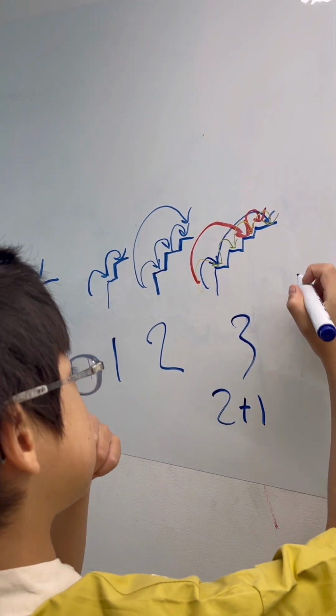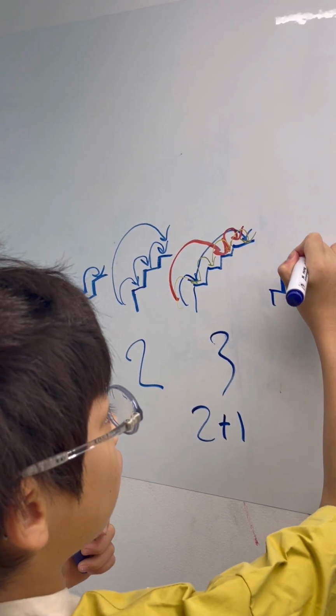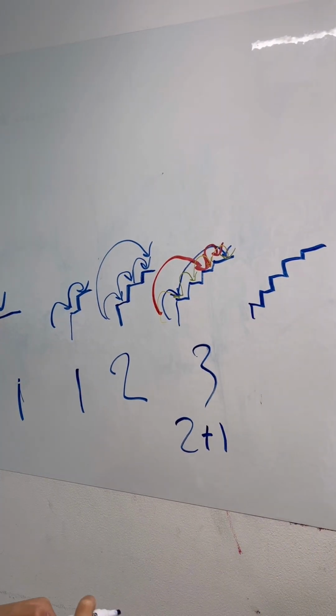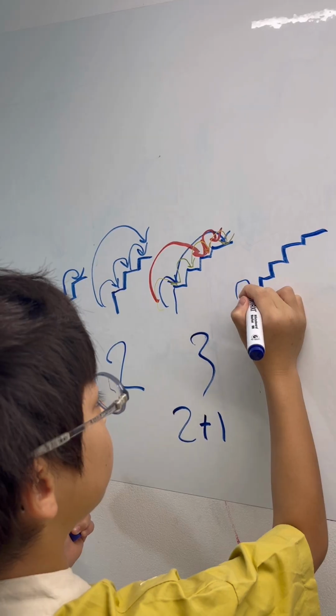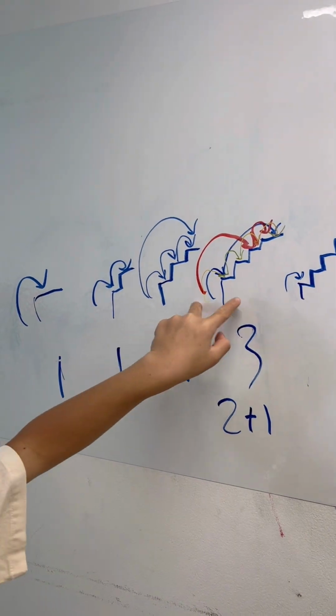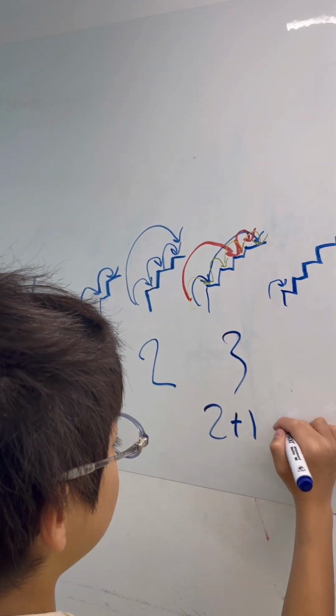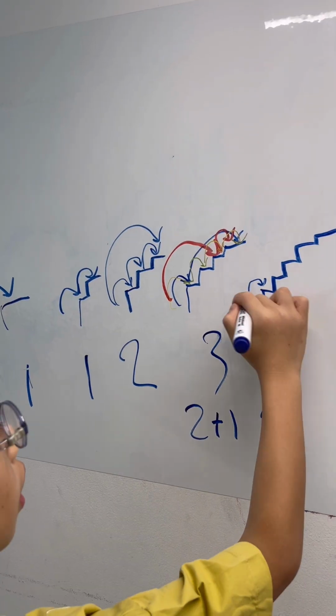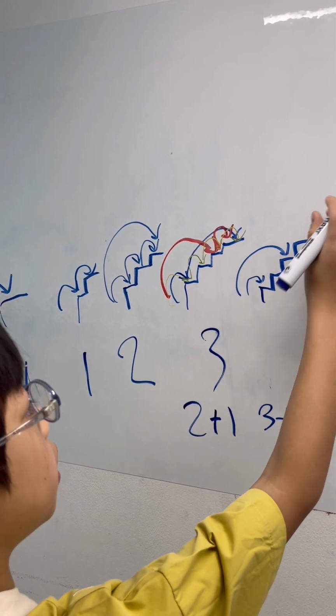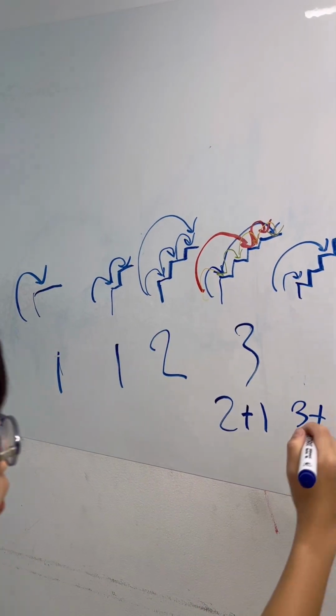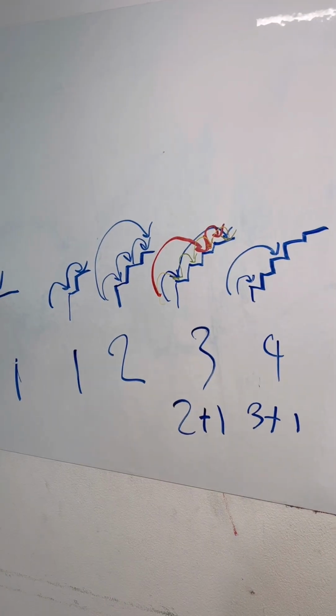And if there's 5 steps, I don't need to draw the arrow. You could think of it: if you take 1 step first, then it'd be 4 steps left. So it'd be 3. And if you take 3 steps first, then there would be 2 steps left, which is also 1. So then it would become 4.